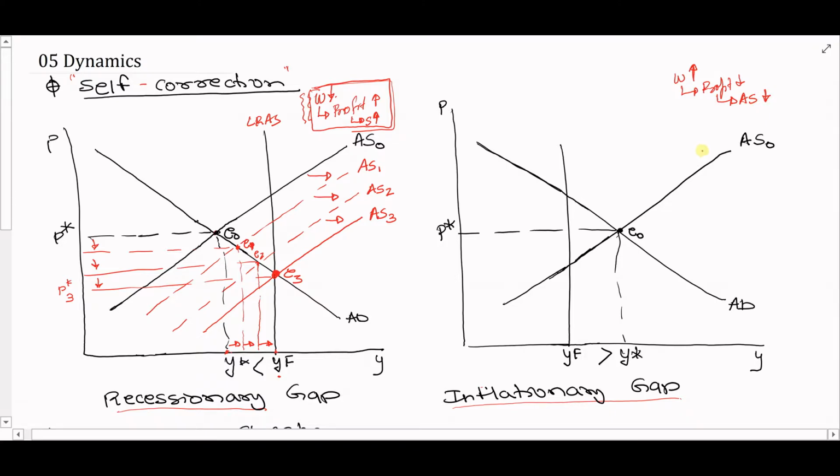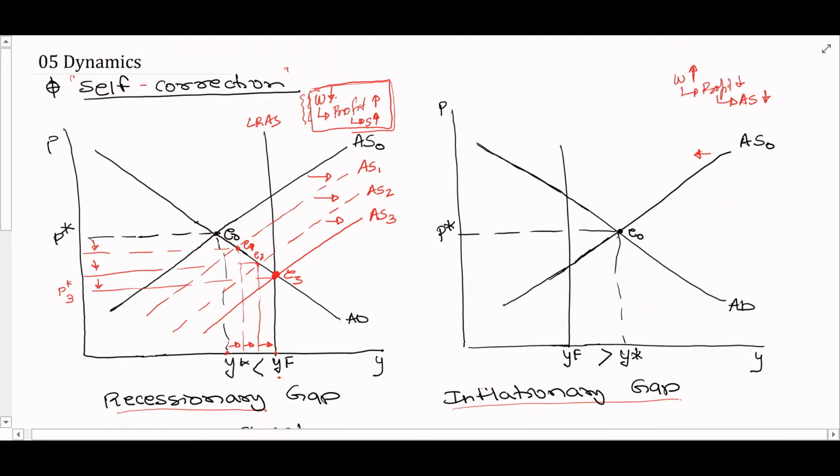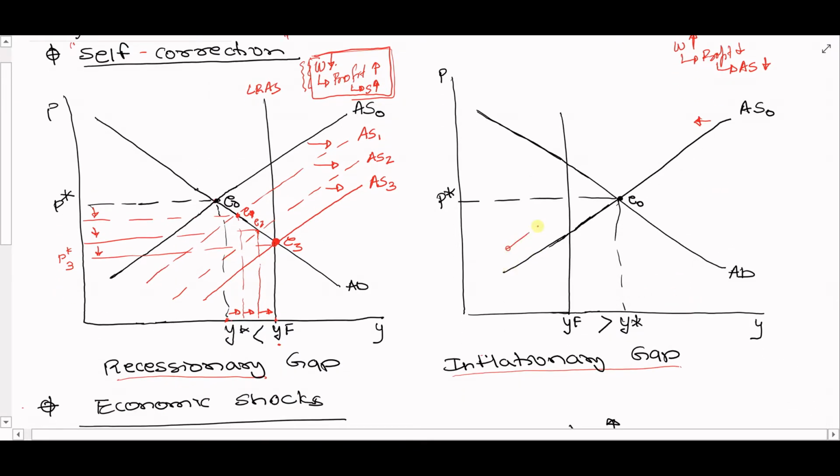And supplying less would mean a left shift. Again, this process will happen slowly, and so aggregate supply will slowly shift on the left from AS0 to AS1 to AS2, and then AS3.